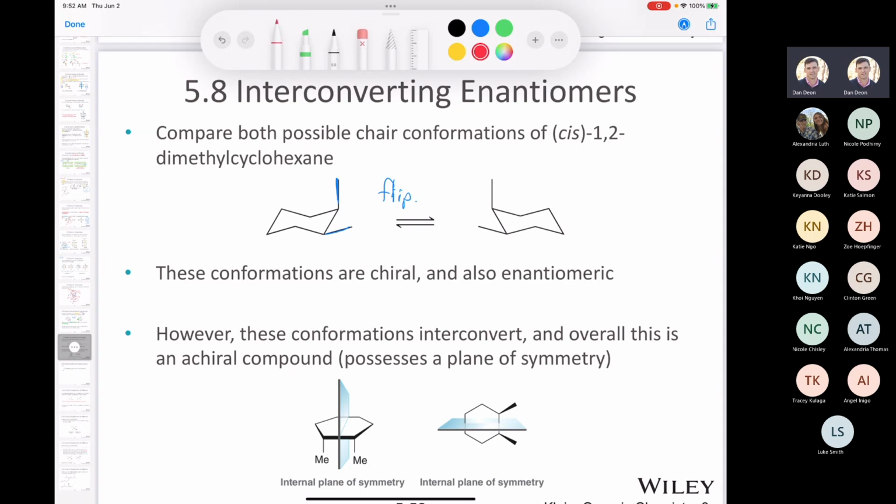If I was to take an axis through here and spin this 180 degrees, then what would you end up with? You'd end up with this right here, sorry, I drew it the wrong way. I think I'm making this more complex than it needs to be.